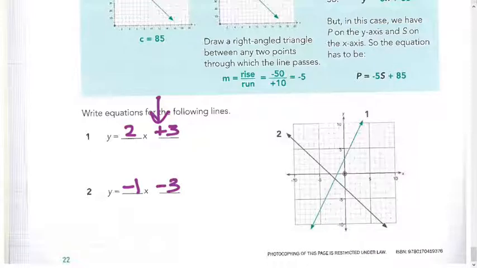The second one is negative 1x minus 3. Now here, do I need negative 1x? I could have written it as just a negative in front of the x, right? But it's not wrong if you put the 1. If you want the 1 there, because it looks better, especially if you're just filling in the blank, this looks better than just a negative.